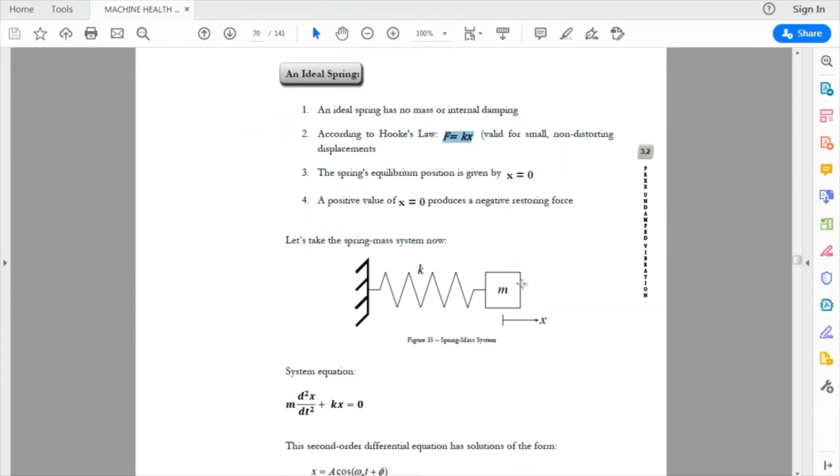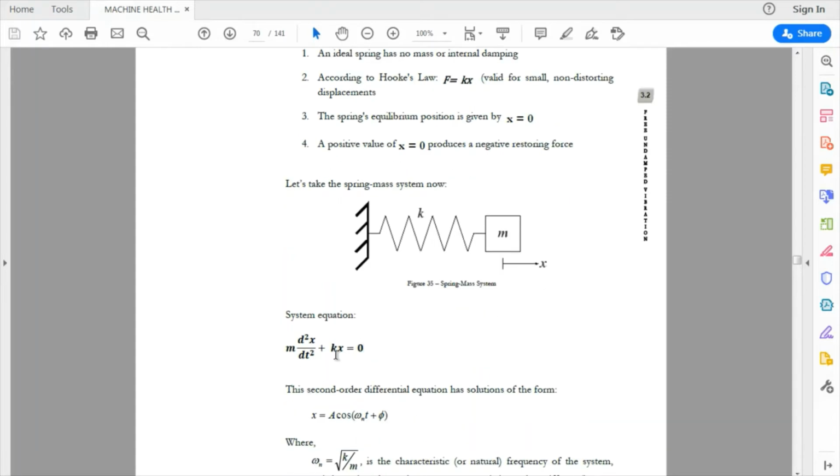Putting that together, we have negative kx equals ma, so the system equation is m times the second derivative of x with respect to time, plus kx equals 0, because we don't have any external forces. This is the system equation for free forces and no damping, undamped vibration.